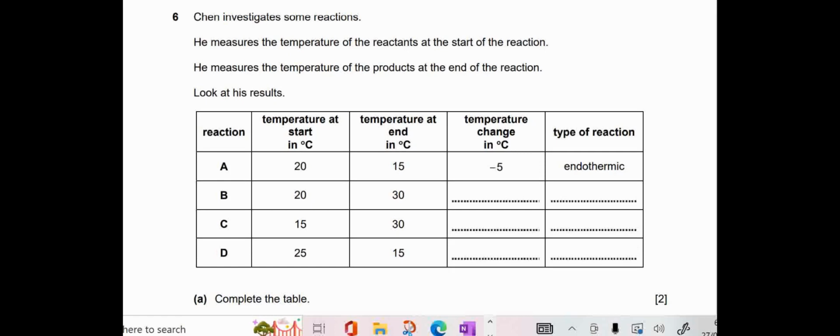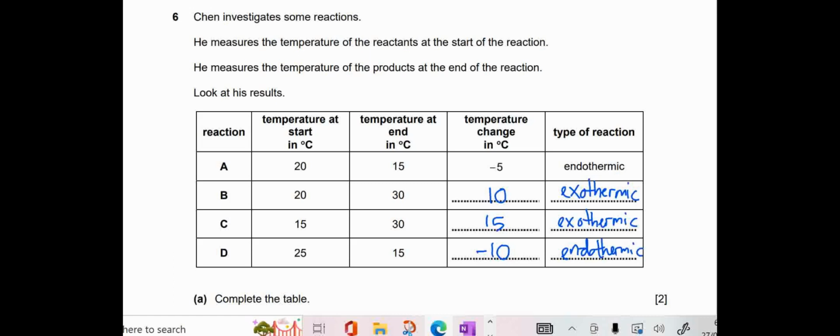So 30 minus 20 will be 10. 30 minus 15 will be 15. 15 minus 25 will be -10. When it's positive, it's exothermic. And when it's negative, it's endothermic.